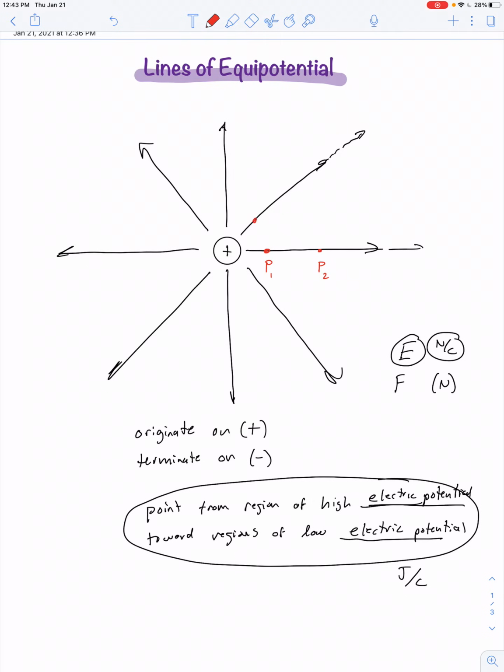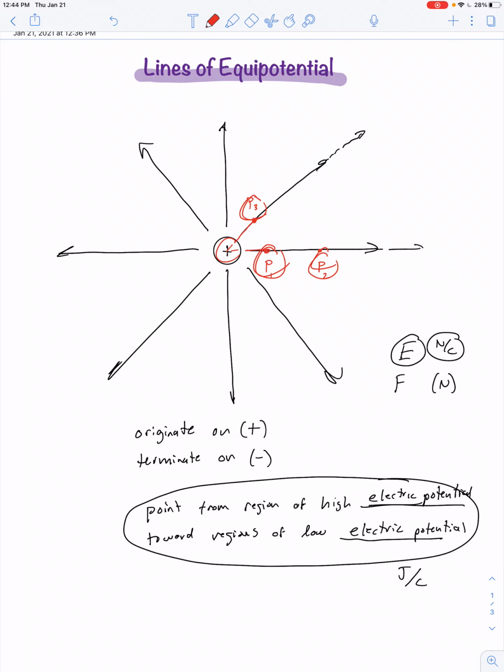However, we can draw in a point P3, and I want you to guess, how does the electric potential at point 1 and point 3 compare? Well, they're both the same distance away from the center of this charge. It turns out those two points are at the same electric potential. And the difference in electric potential between point 1 and point 2 is the same as the difference in electric potential between point 3 and point 2.